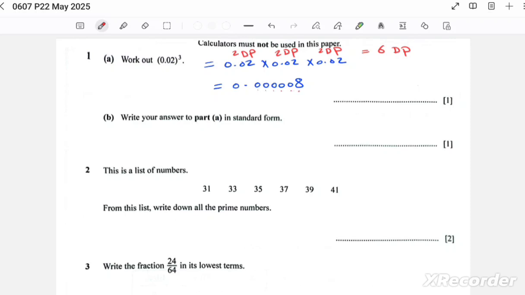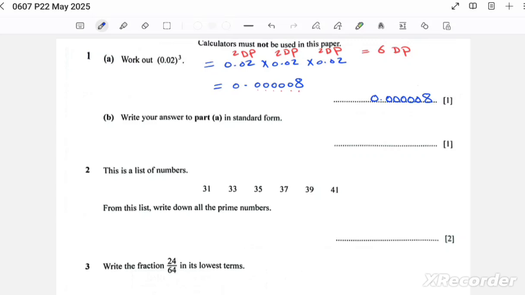So 6 decimal places. So try usually to write the final answer in the space provided. Okay?